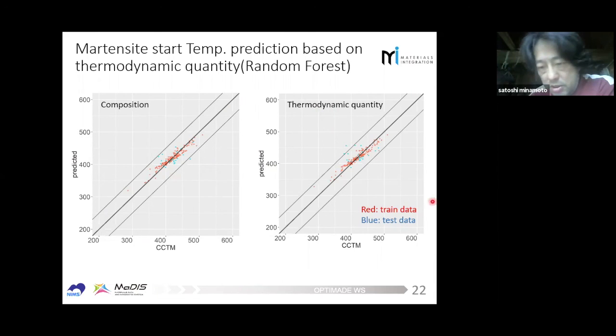I'm sorry, the red one is the training data and the blue one is test data. And here's just one example. So we have to think about, for example, diffusion data or some other non-equilibrium state or something like that.